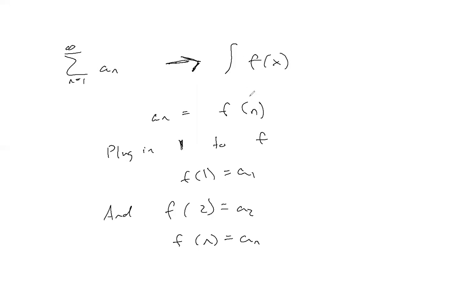Okay, so that's how the terms of the series are going to be related to my function. Once I have that, we can see that an and this f should be very closely related. And then I'm going to consider this improper integral. Remember, when we have infinity in one of the bounds, that's going to be a type 1 improper integral. So I'm integrating this function. It's got a graph. Maybe I'm starting here at 1 and my function goes on forever.